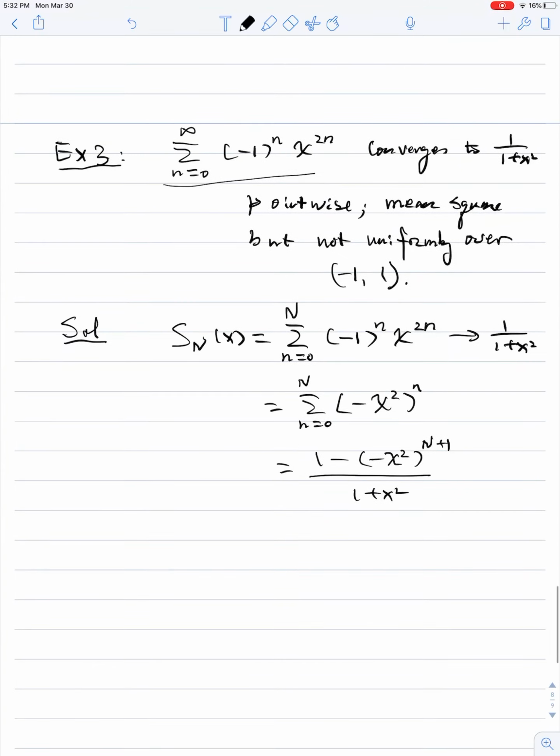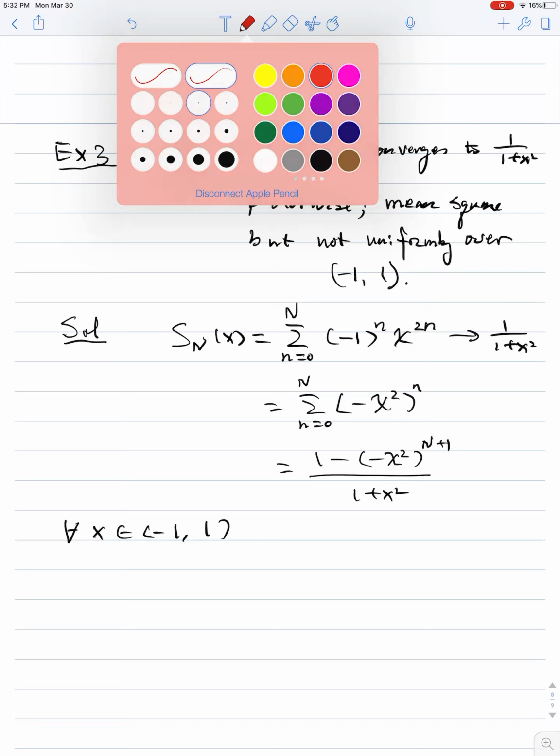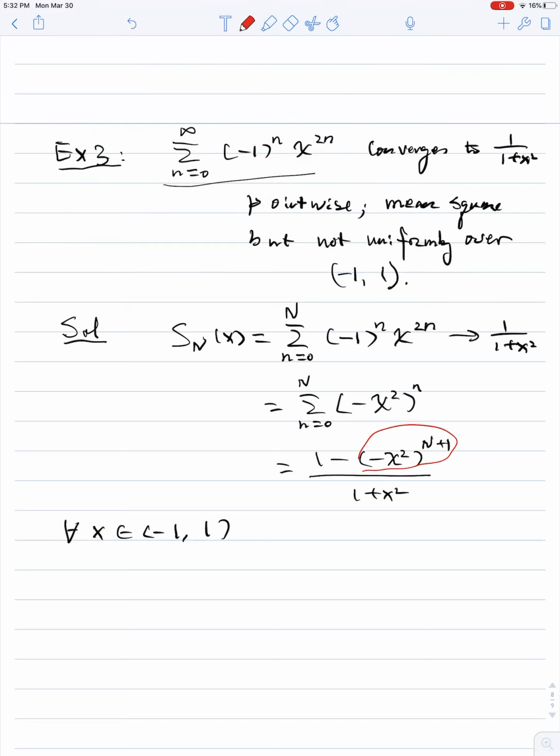Now, for any x between -1 and 1, we know that this term here goes to 0, since (x squared)^(N+1) goes to 0.